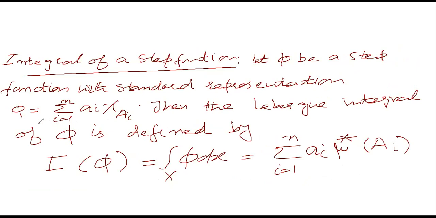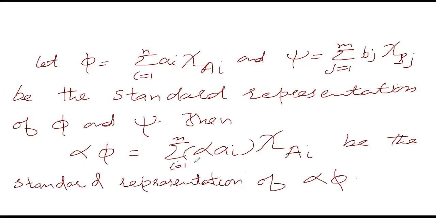So what will be the integral of alpha phi, as already defined here? If this is the standard representation of phi, then its integral is equal to the summation i runs from 1 to n of a_i, a real number, times the measure of this set, mu star of A_i. Now in our case, for alpha phi, the scalars are alpha a_i and the sets are A_i.